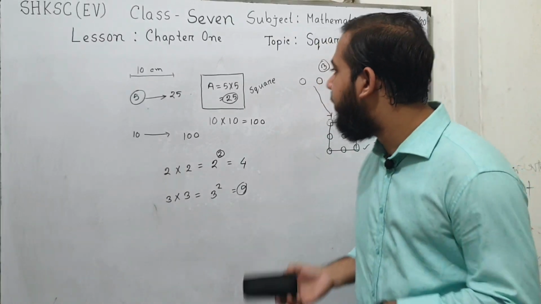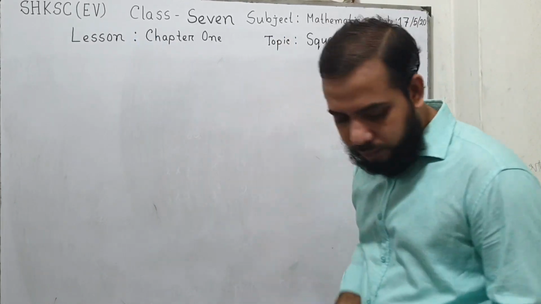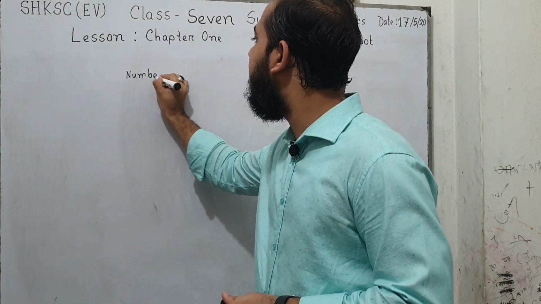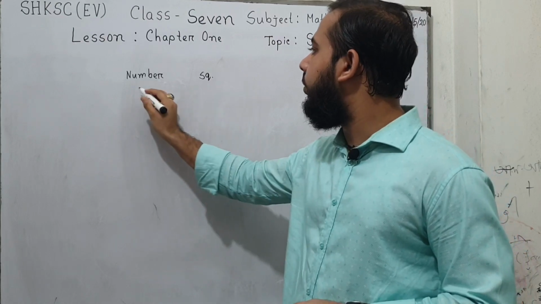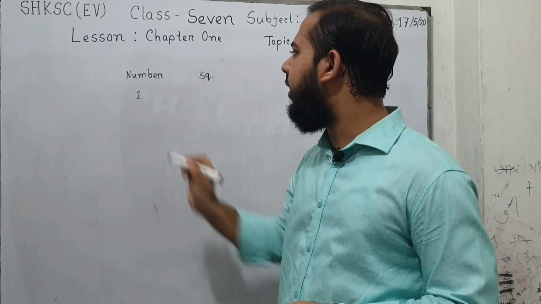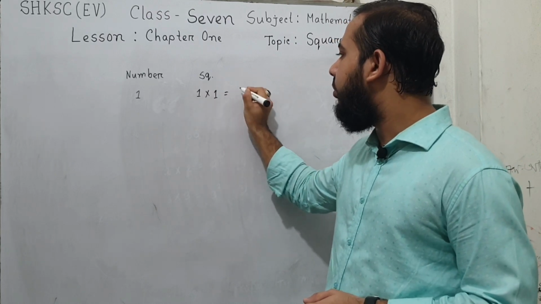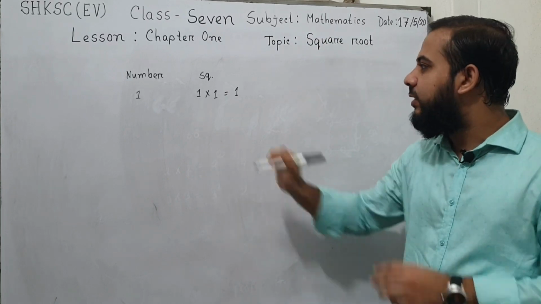Let's write a chart of some numbers. Here natural numbers, and here square. If the number is 1, what will be its square? 1 times 1 is equal to 1.